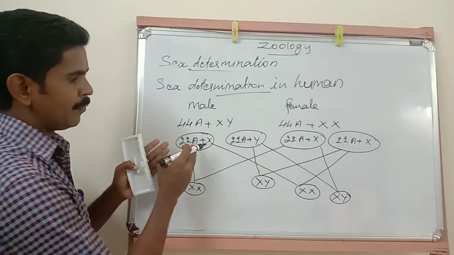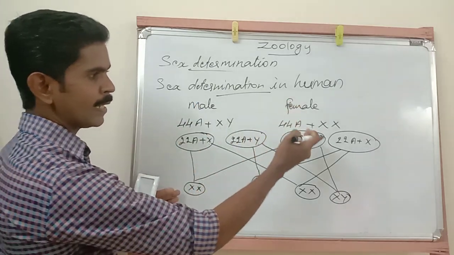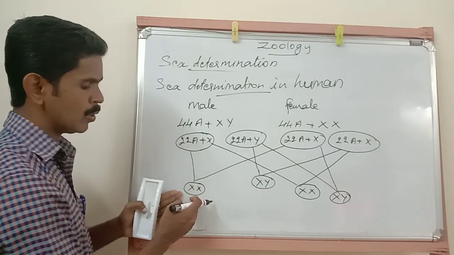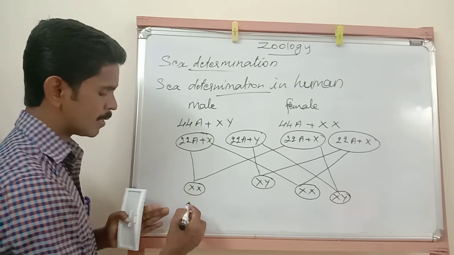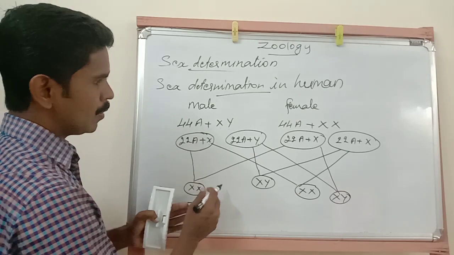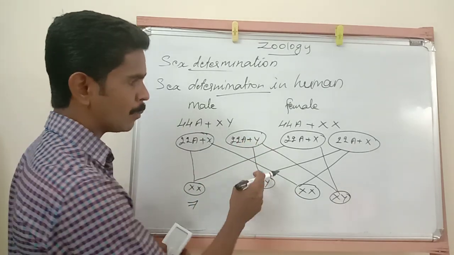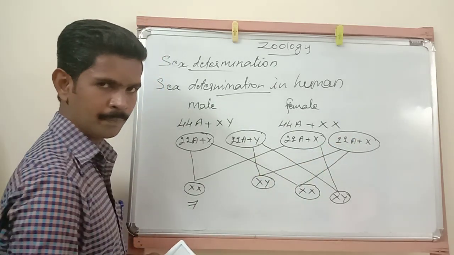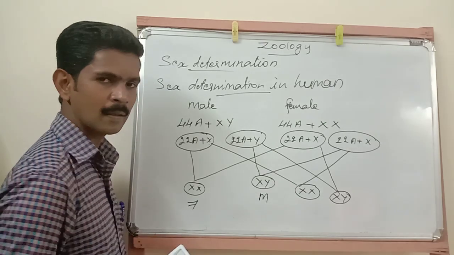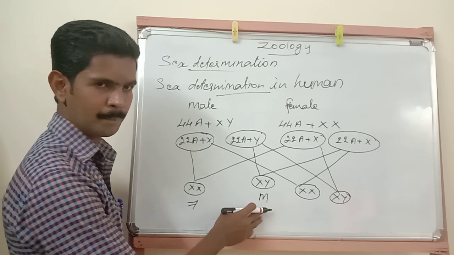So if an X chromosome is coming from the father and an X chromosome from the mother, the fetus receives two X chromosomes, so the fetus is female. Then suppose the father gives one Y chromosome and the mother gives one X chromosome. So the fetus is in what condition? Male.